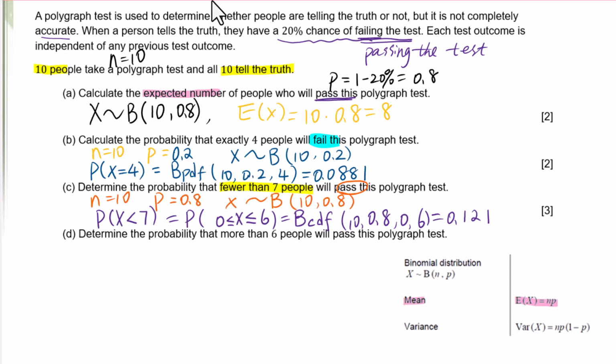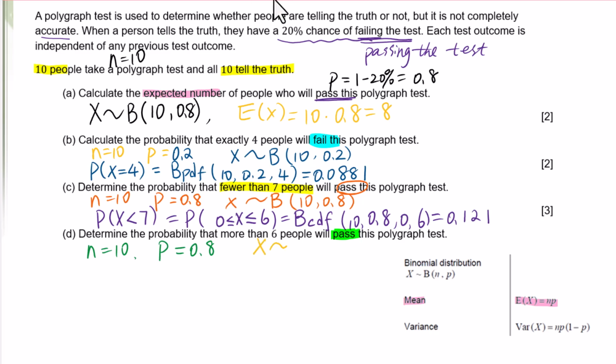Let's go to D. Determine the probability that more than 6 people will pass this polygraph test. N equals 10. Probability of the desired outcome is 0.8 because it's passing this polygraph test.